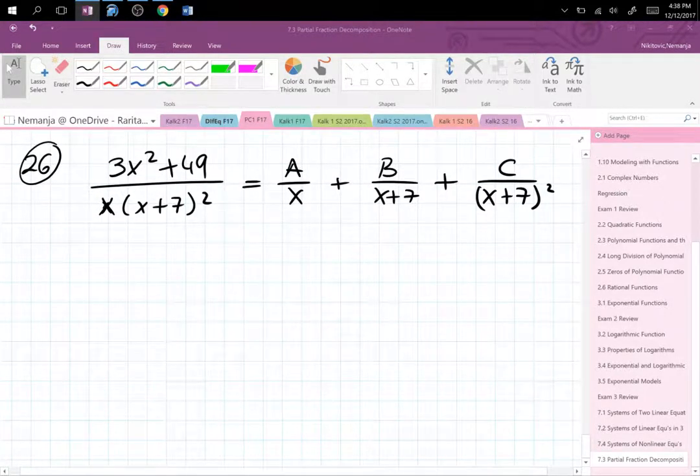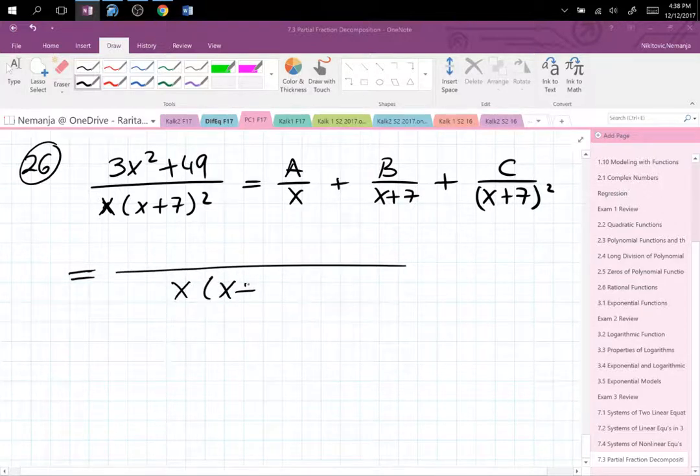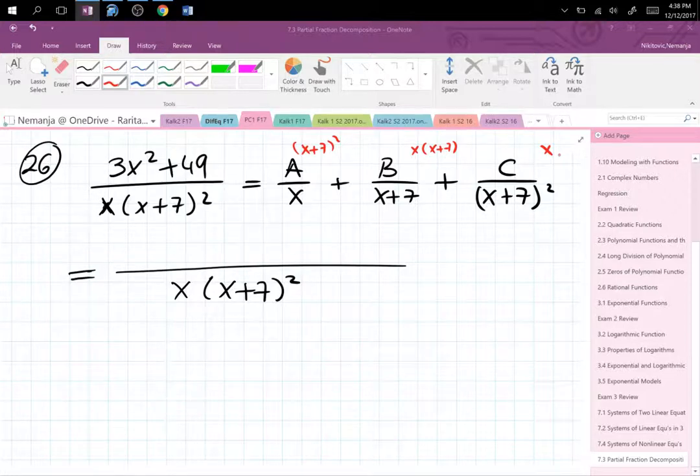Now, as we are looking for the common denominator, which will be x plus 7 squared, we have to multiply here by x plus 7 squared, x plus 7, and just x on the last one. So what's x plus 7 squared?